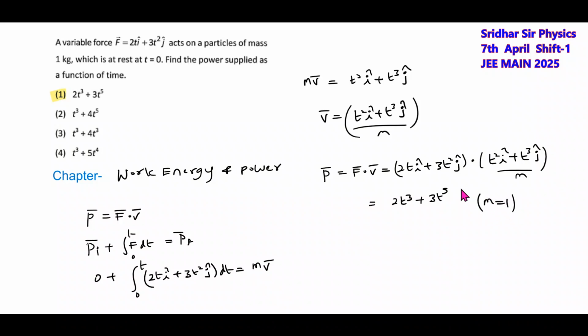Power is a scalar: 2t cube plus 3t to the power of 5. This will be your answer.